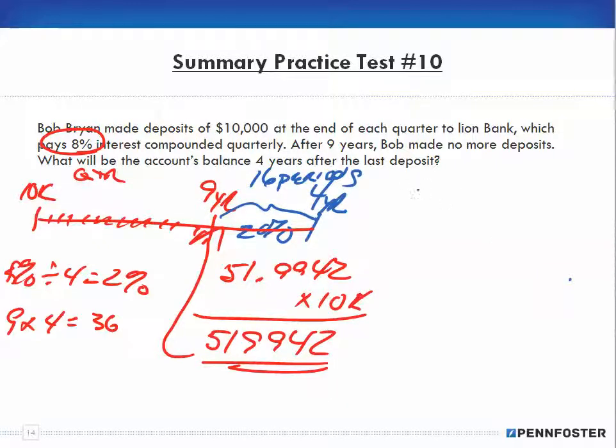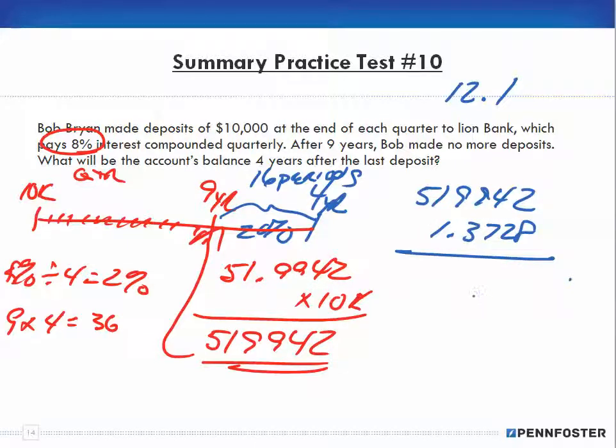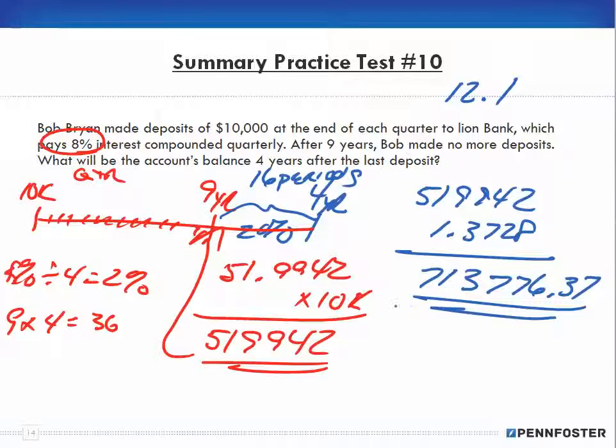So for that lump sum of 519,942, we want to know the future value of the lump sum. Again, this is from chapter 12, table 12.1. You look up the factor and find that it is 1.3728. When you multiply that out, you end up with 713,776.37 as the value of those annuities at the end of the 4 years.